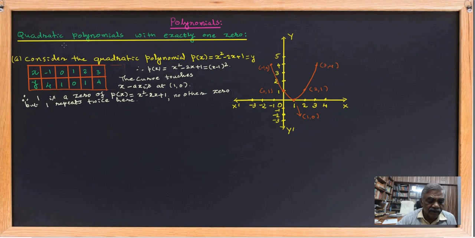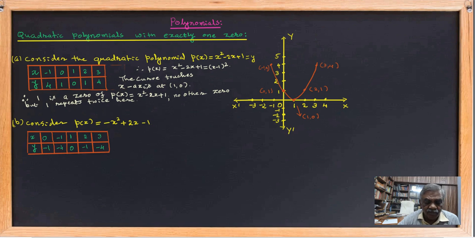Now we can consider another example of the same kind. Consider B, that is p(x) equals minus x squared plus 2x minus 1. Now we can see the table accordingly here.